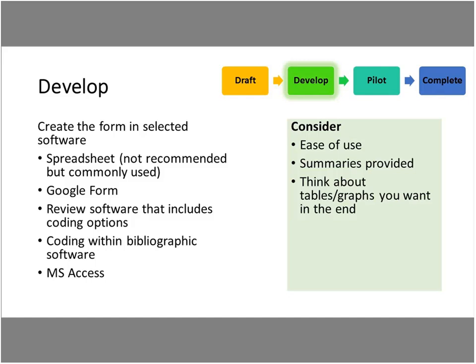I used to use RefWorks, so I used to use bibliographic software to do that. There's been an article talking about using EndNote for doing this. And then sometimes I have groups that design an MS Access database to do this. What it boils down to in the end is this coding form is going to be nothing but a tool to get the tables and graphs they need at the end.